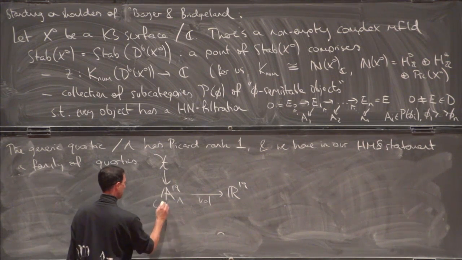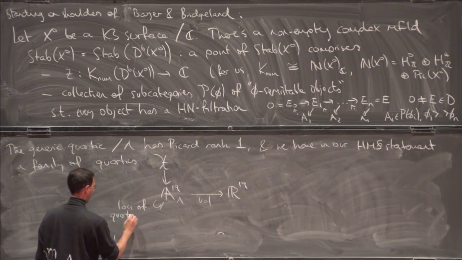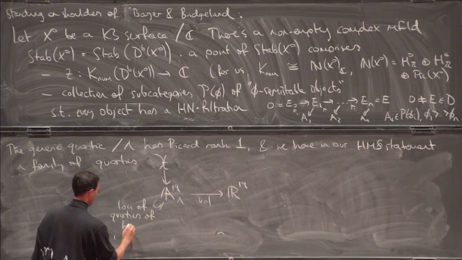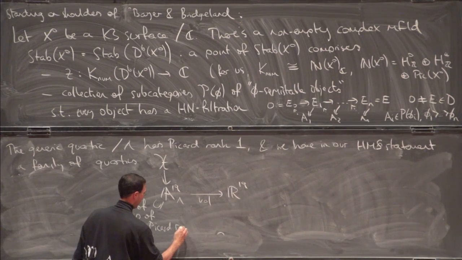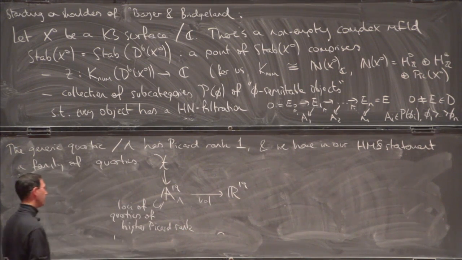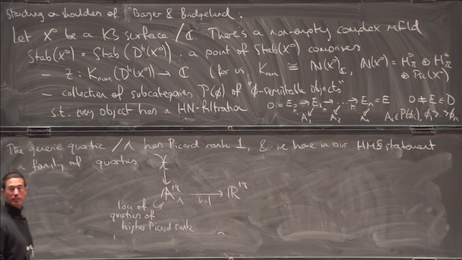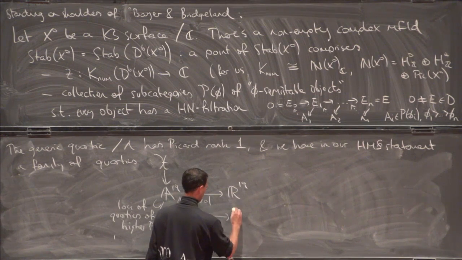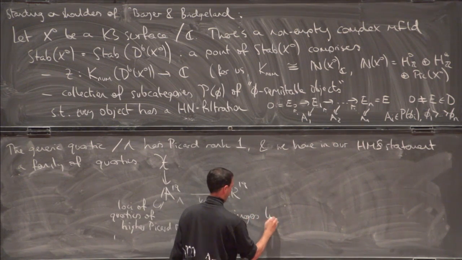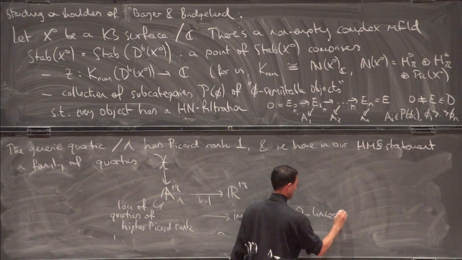So inside this, there are loci of quartics of higher Picard rank, but these are well known to be algebraic subvarieties, and the image of an algebraic subvariety under the valuation always lies in some linear hyperplane, in fact in Q-linear hyperplanes.